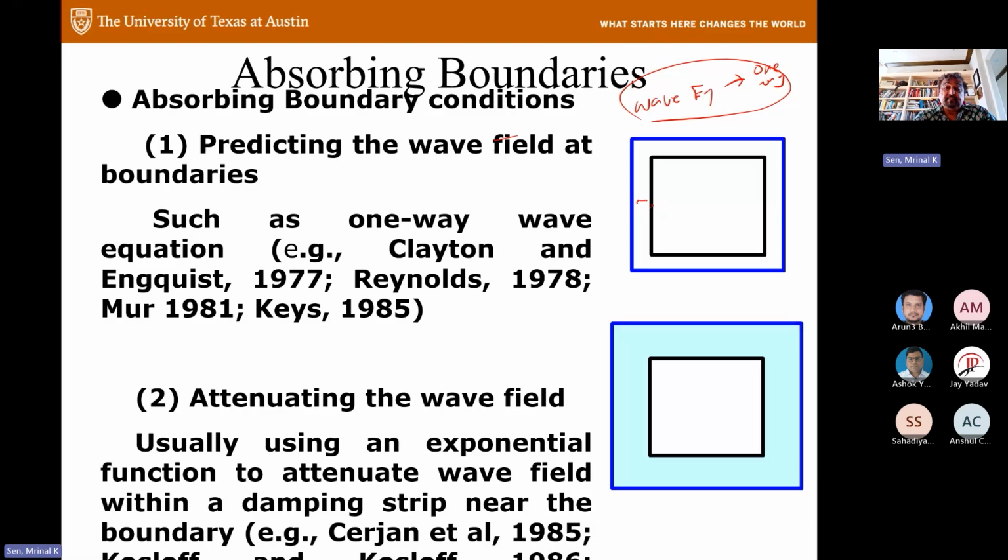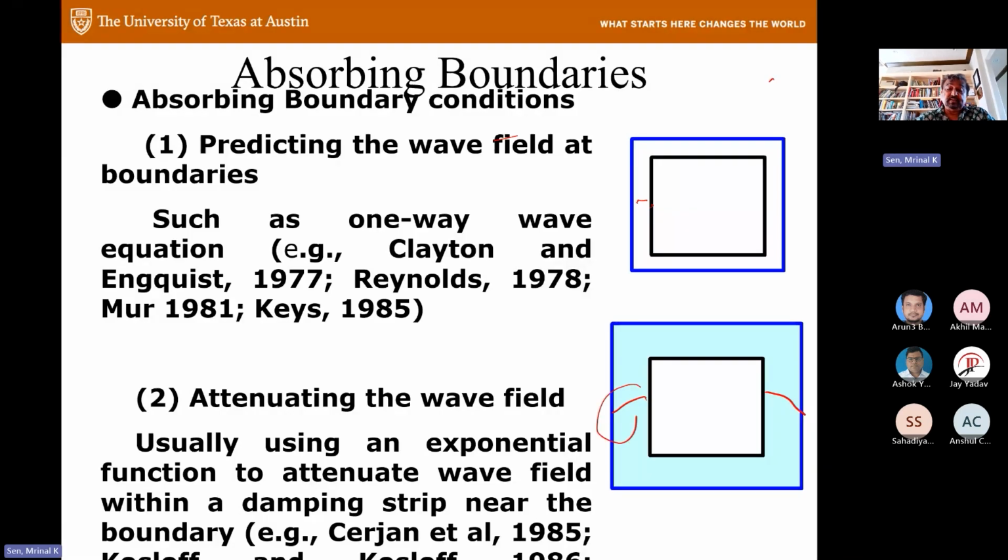And then came this other method, which is basically a very simple-minded approach. It was proposed by Kozlov and Sergian. It's very simple, very easy to understand. All that they said is that as soon as I reach my boundary, near that I'll multiply the wave field with some tapering function.